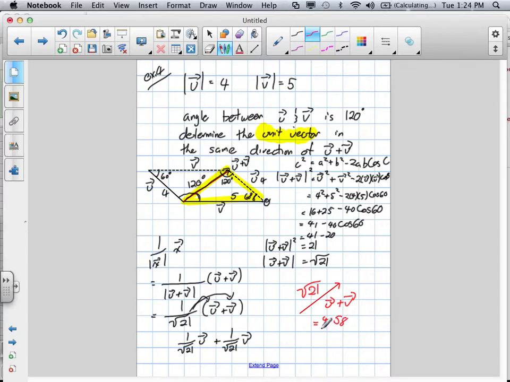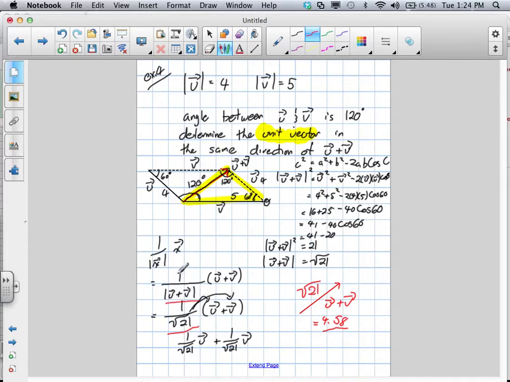That's the magnitude of this vector, or it could also be known as approximately 4.58. Not exactly. Well, we wanted a vector in the same direction as u plus v, and we know that this direction is here, u plus v. But the magnitude is too large, 4.58. That's not a unit. A unit vector has to be of a scale of 1. So in order to find the scale of 1, we have to essentially divide that vector by this number. Okay? So in each of these cases, we do 1 over the absolute value of that and multiply it in as a scalar.